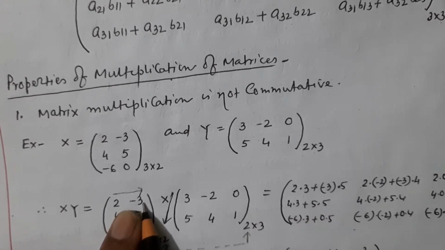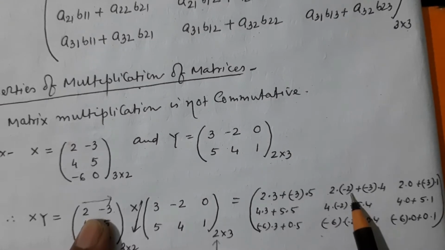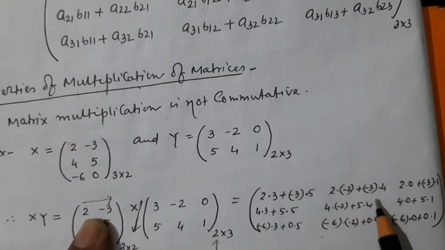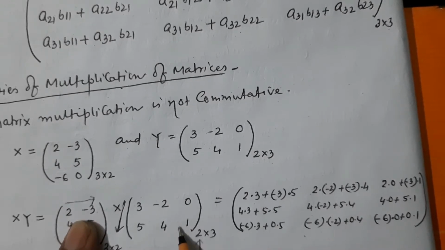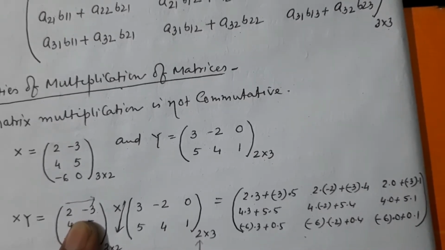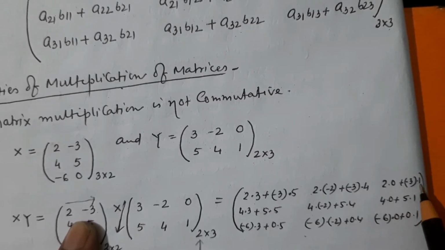First row with the second column gives 2 into minus 2 plus minus 3 into 4. First row with the third column gives 2 into 0 plus minus 3 into 1.